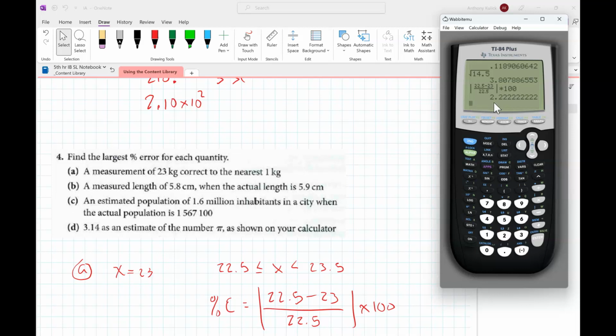Did you get what to do with this from now? Yeah, I didn't know you had to do that. Yeah, that's what you would have needed. Okay. So that's the biggest error that you could have had on that measurement, just the half unit from rounding. Okay. Cool. And you don't need to do the rest of them after this point, right? Because it's all the same, basically.